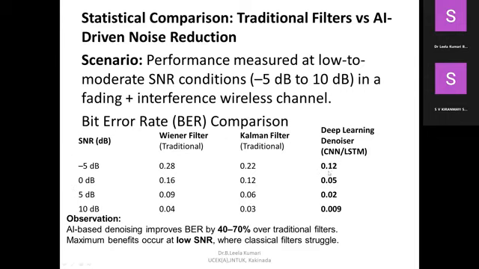Bit error rate is 0.12 at minus 5 dB. So AI-based denoising obviously improves the bit error rate by 40 to 70% over traditional filters. Especially, the maximum benefit occurs at low signal to noise ratio, where classical filters fail under such conditions.